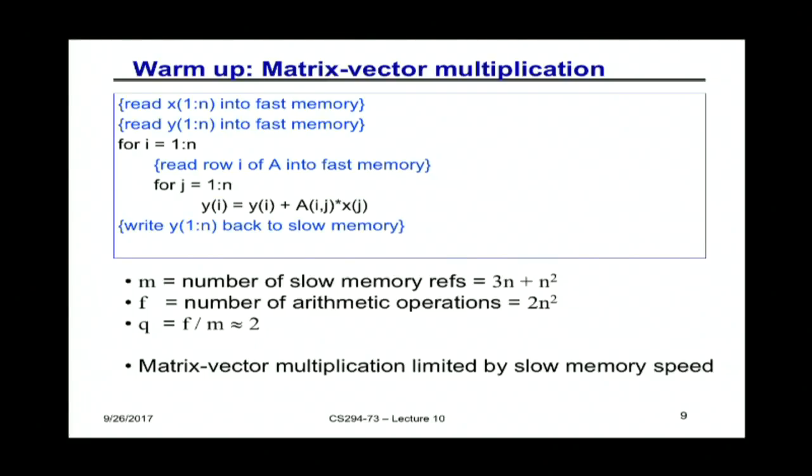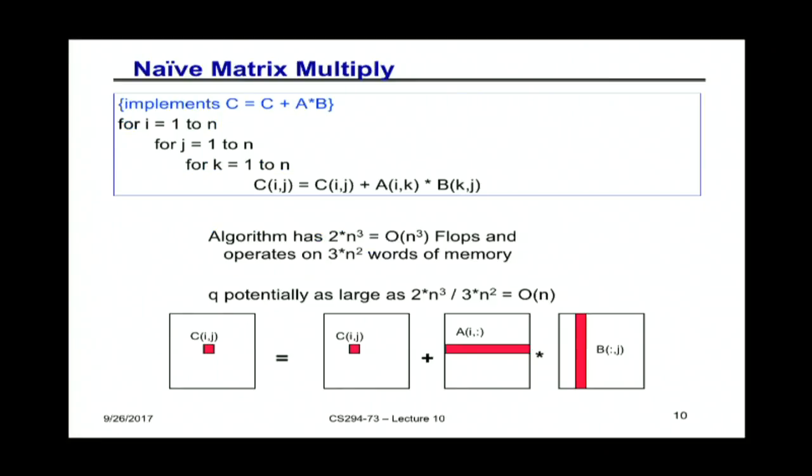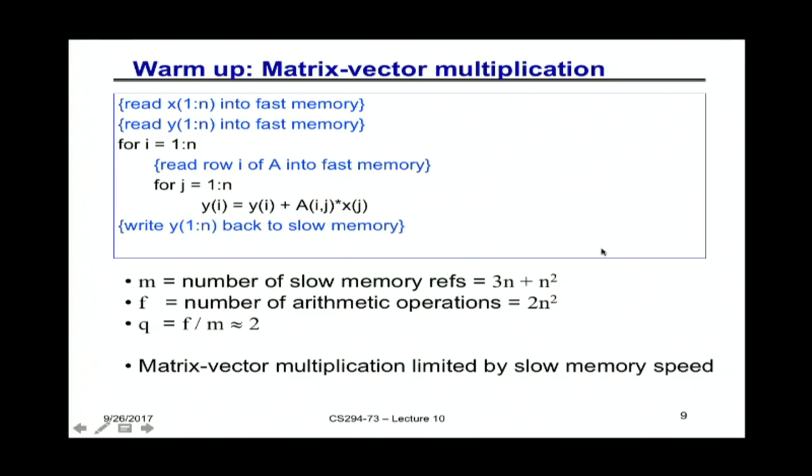So let's look at the counting of these different parameters. m is the number of slow memory references. Here we have to do 3n reads and writes of vectors, 2 read vectors and 1 write vector. So that gives you 3n. And also we need to read the matrix A, which is n squared. So it's 3n plus n squared. And f is the number of operations.